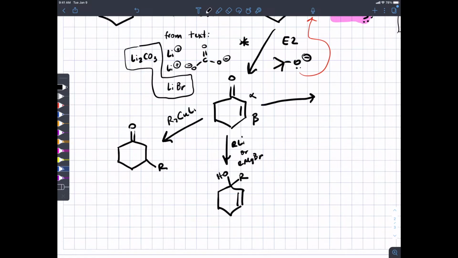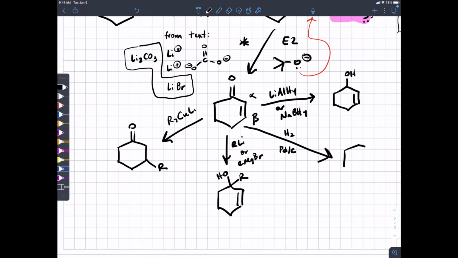We can use reducing agents like lithium aluminum hydride or sodium borohydride to reduce the ketone to the alcohol. And then if we wanted to keep the ketone but lose the double bond, we could use catalytic hydrogenation to leave the ketone intact and get rid of the double bond. So there's a lot of different things we could do.